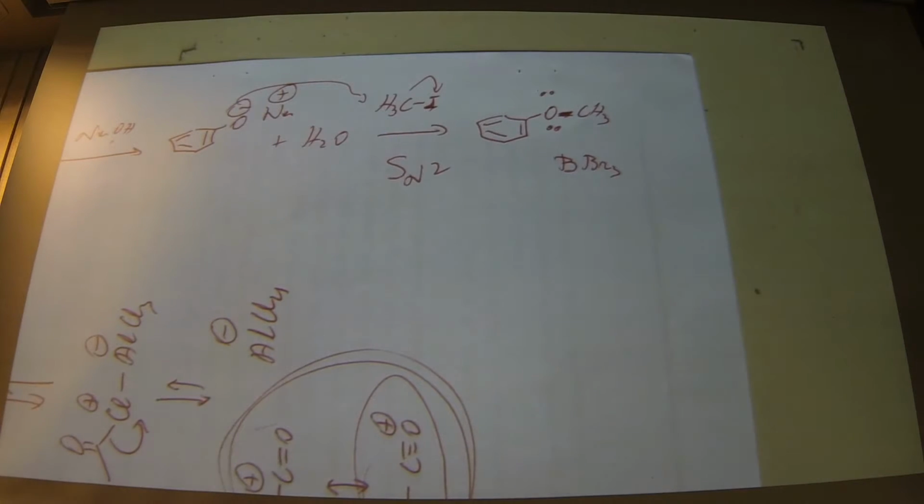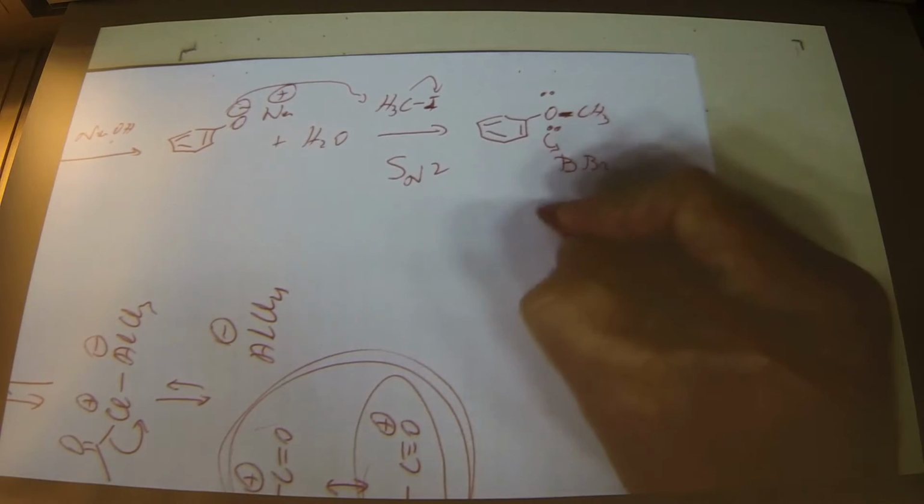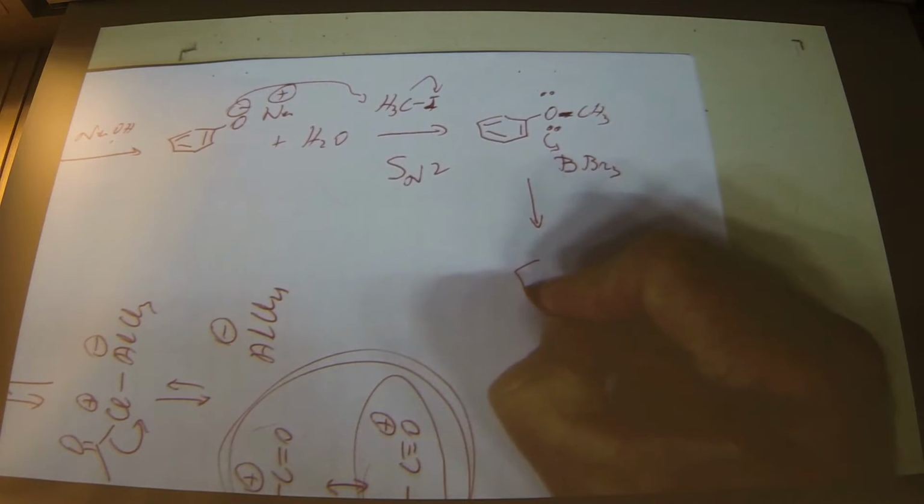Boron tribromide has boron bonded to three things. Does boron have a complete octet? No. How many electrons does it have for octet rule purposes? 6. Right, which means it's 2 electrons short, which means it's a Lewis acid, which means this process will take place essentially in one direction.